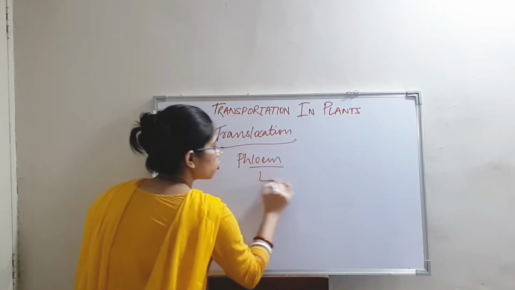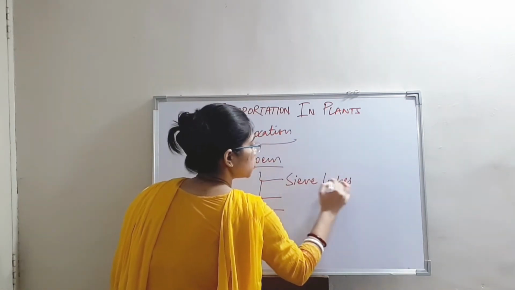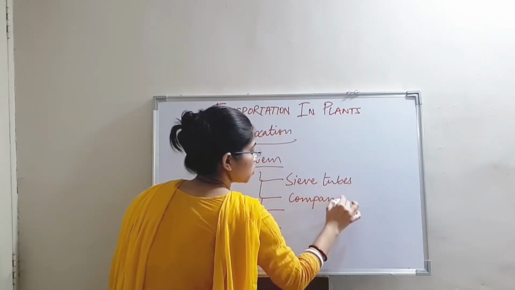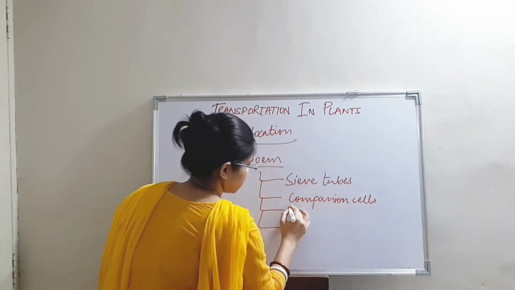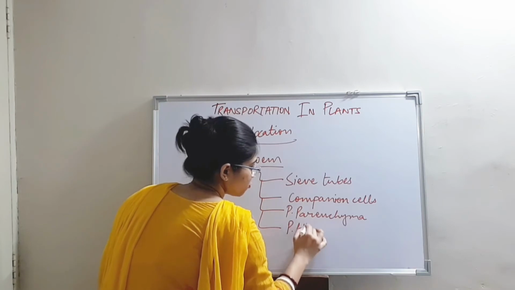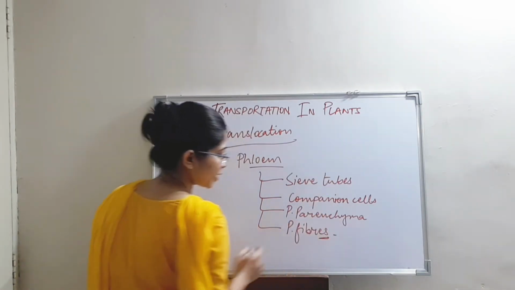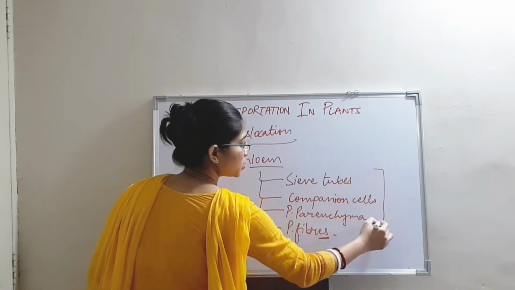Phloem again has four types of components: sieve tubes, companion cells, phloem parenchyma, and phloem fibers. Among these, only phloem fibers is dead. The rest of the three are living.